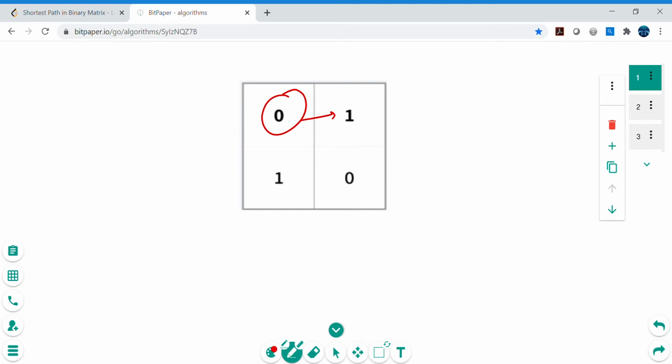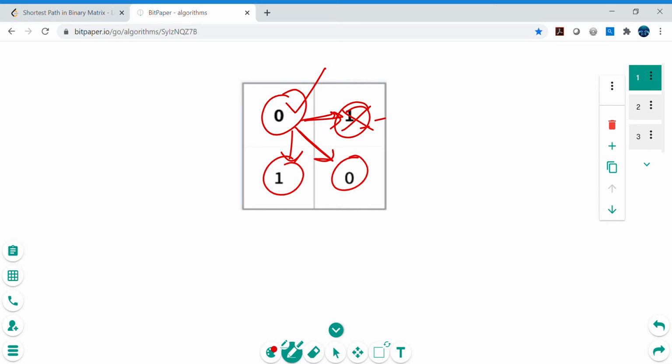Not 1, because 1 is the blocked cell, right? 0 is the empty cell, we need to move through 0, not 1. So we are checking if there is any 0 or not. If we move in only two directions, horizontal and vertical, there is not any neighboring 0, but if we go diagonally, then 0 is still there.